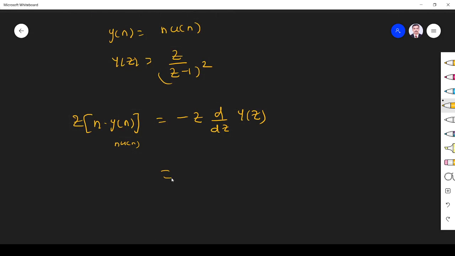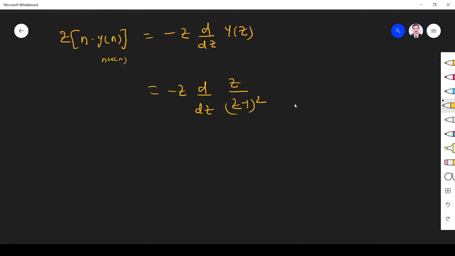Fine. Okay. Minus z d by dz. Y of z is this one, z by z minus 1 whole square. So again you do differentiation. What you do? Minus z, u by v formula.